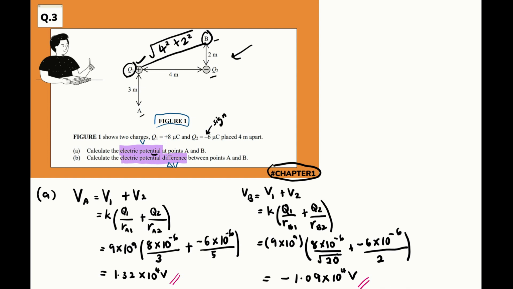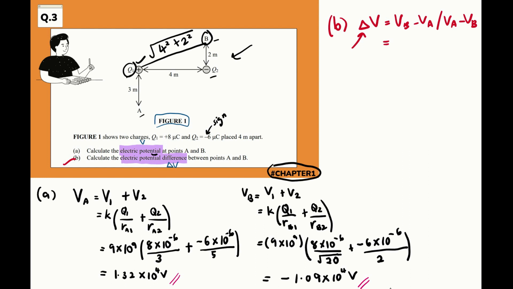Now we want to solve the second question, B. Calculate the electric potential difference. For B, the electric potential difference is delta V. You may write VB minus VA or VA minus VB. When we just want the magnitude of the difference, it doesn't matter.